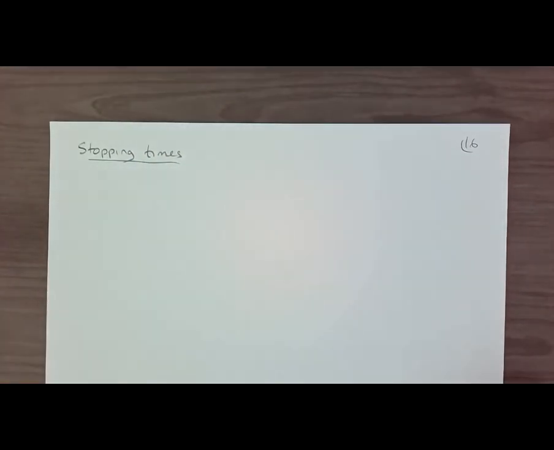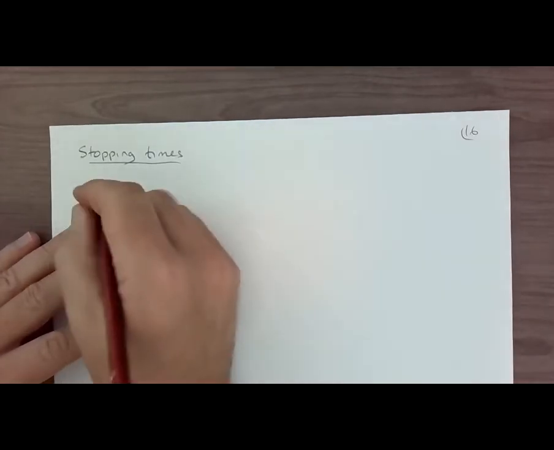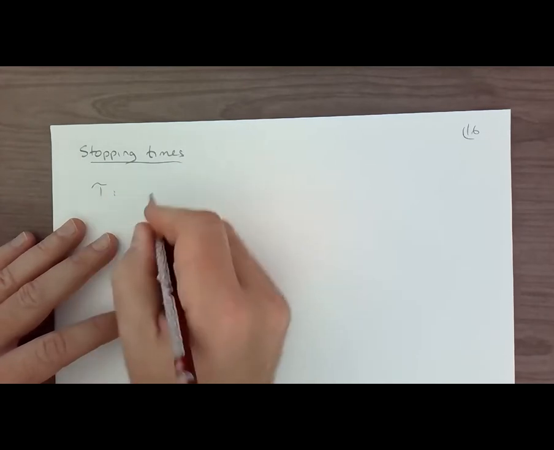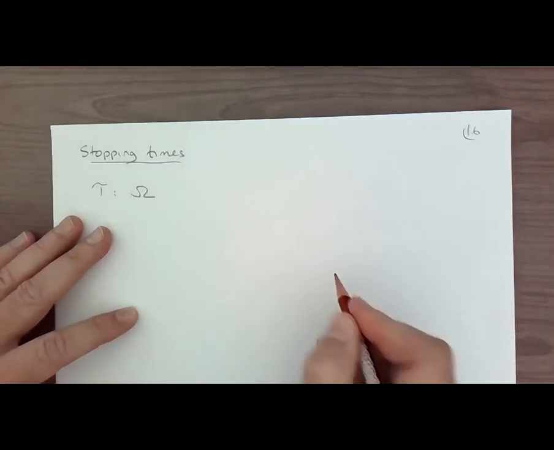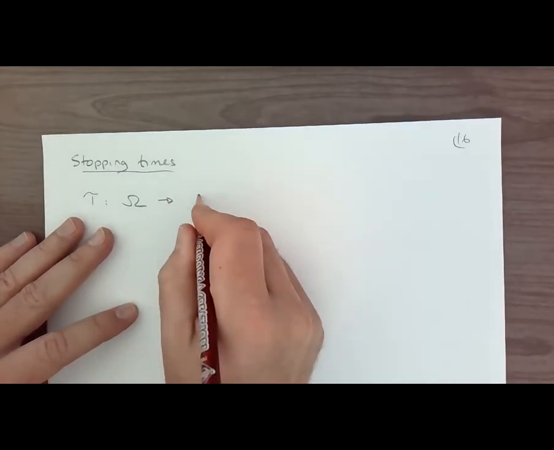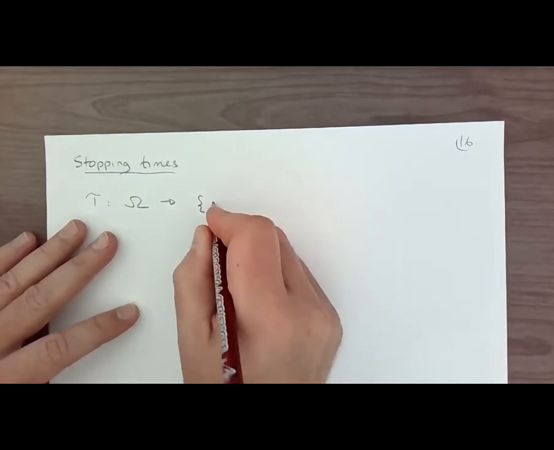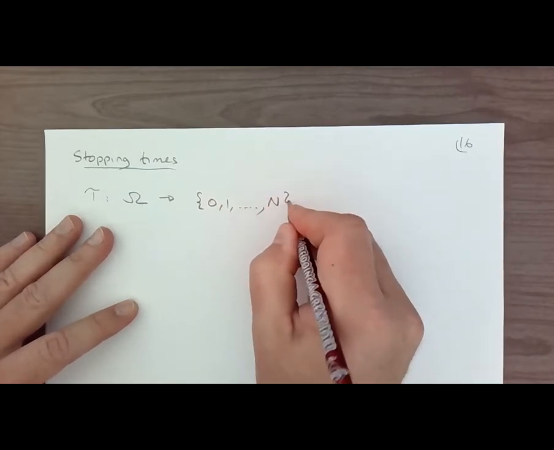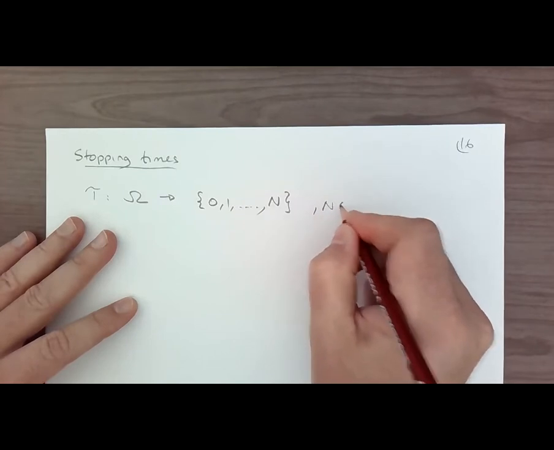Right. So stopping times are often denoted by tau, and it's a random variable. So it's a map from omega, and here in discrete time, it gets mapped into 0, 1 up to n is a possibility, where n is the number of periods.